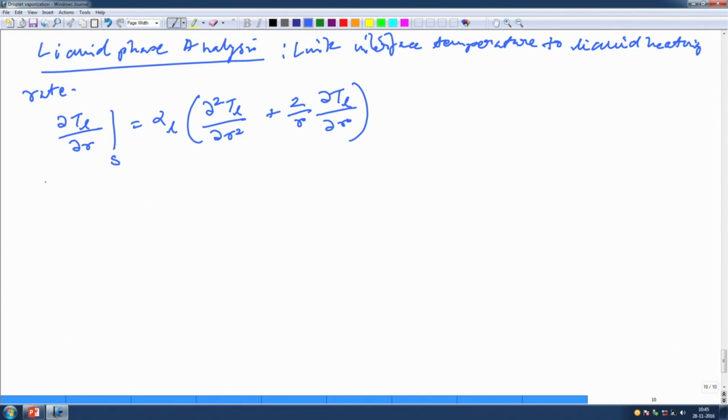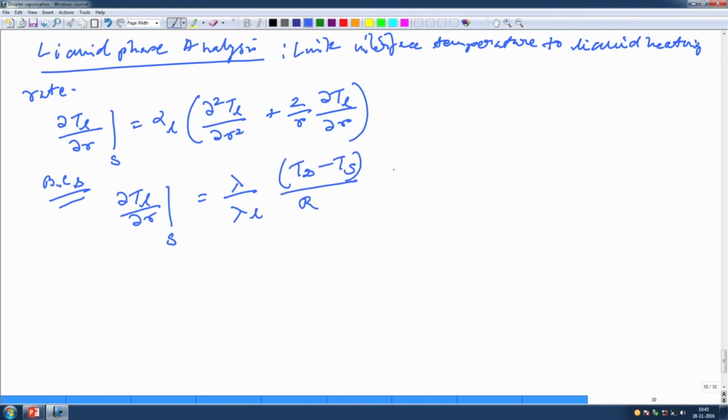So, the boundary conditions, and you can show this. Got it?